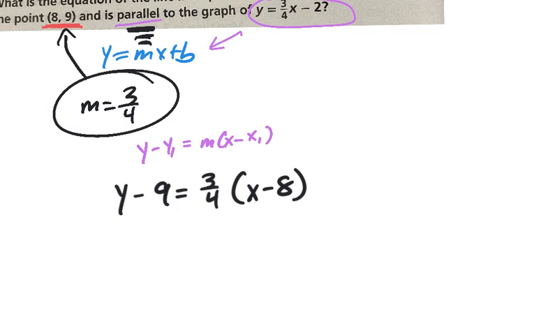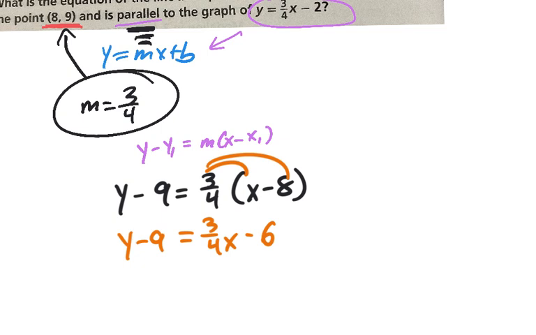This is putting everything together in one problem. So this is point-slope form, but I don't want my final answer in point-slope form. I want it in slope-intercept form. So I must distribute. 3/4 times x is 3/4 x. 3/4 times negative 8 is negative 6. Bring down the y minus 9.